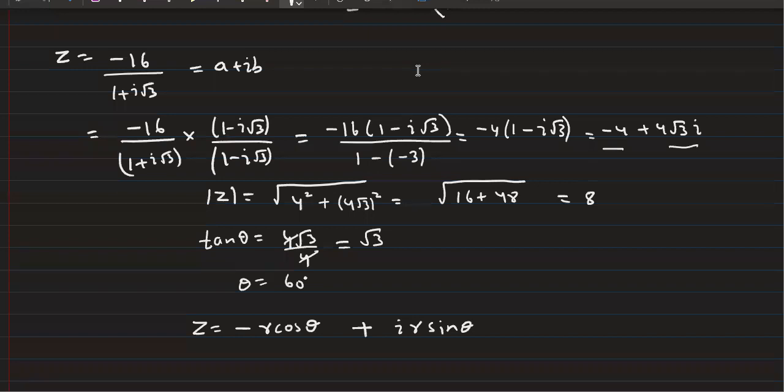Tell me, yes or no? So this should be R minus cos 60 degree plus i R sin 60 degree. Okay, right? Got it?